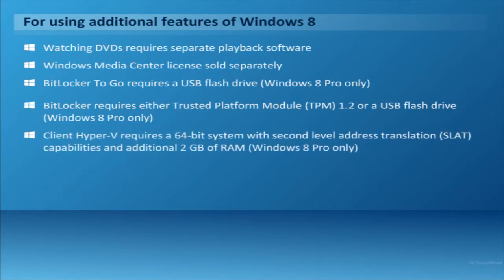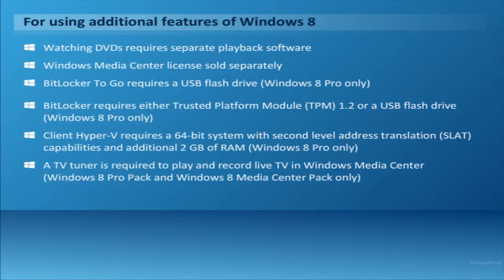Client Hyper-V requires a 64-bit system with Second Level Address Translation, SLAT, capabilities and an additional 2 GB of RAM. Windows 8 Pro only. A TV tuner is required to play and record live TV in Windows Media Center. Windows 8 Pro Pack and Windows 8 Media Center Pack only.